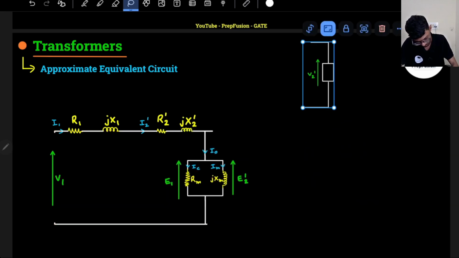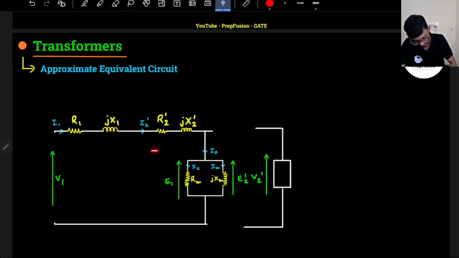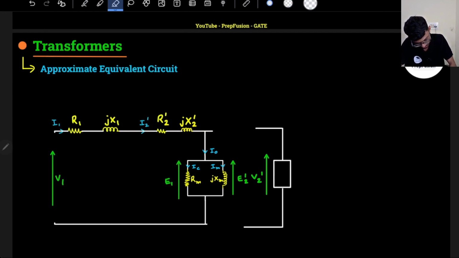Okay, and after that the load will be there. So I just shifted this R2 X2 to the left-hand side. Will that make any difference? No, I have proven it to you, it will not make any difference. I mean, of course it will make a difference, but the difference will be very minuscule.